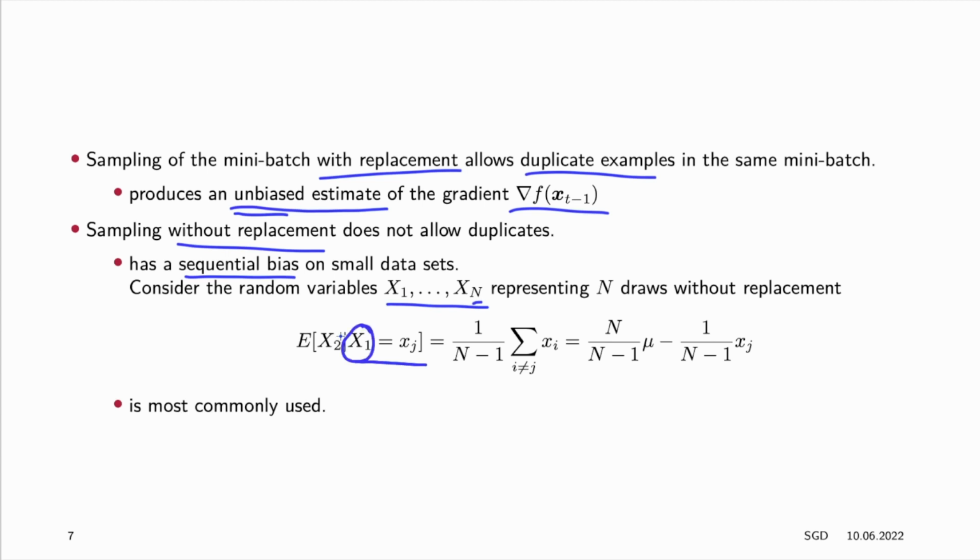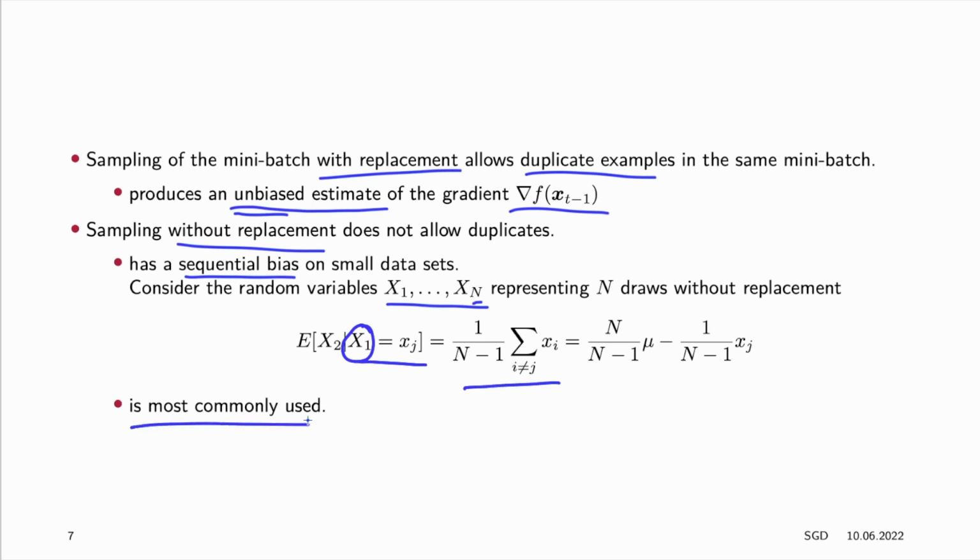Now the probabilities for sampling the others are modified. Still, this is only an issue for very small data sets, where mini-batch gradient descent is usually not applied because you can just compute the whole gradient, and in practice it's most commonly used.